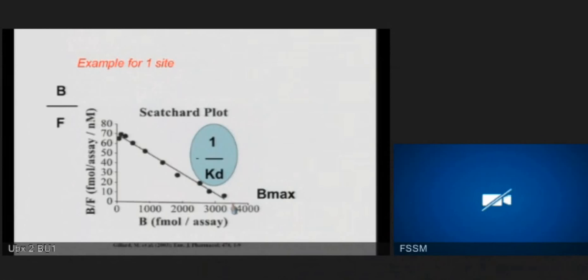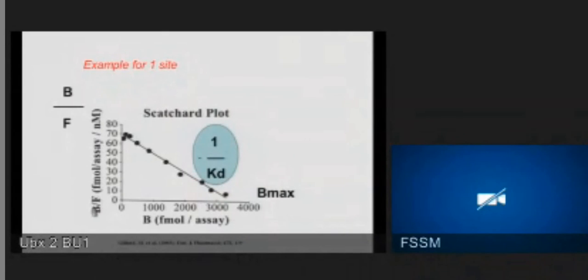And you plot here B in femtomole per assay. So when B is at 0, this is not exactly B because this is B over KD. Anyway, after counting for each concentration and after removing the non-specific binding, you have the specific binding, and for each concentration you have a bound over F value and a B value.